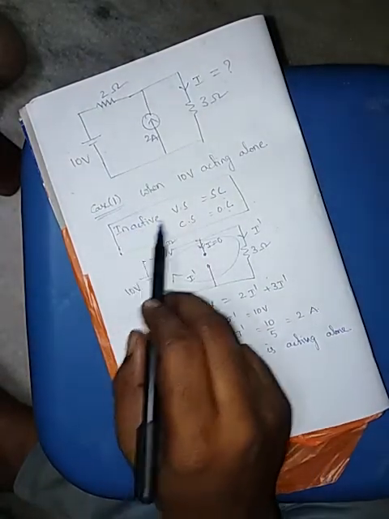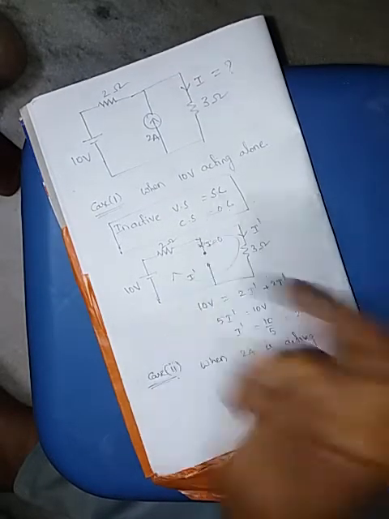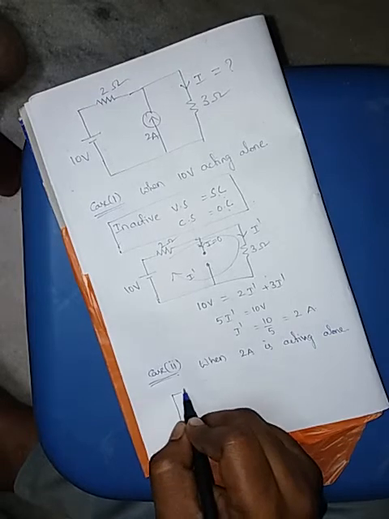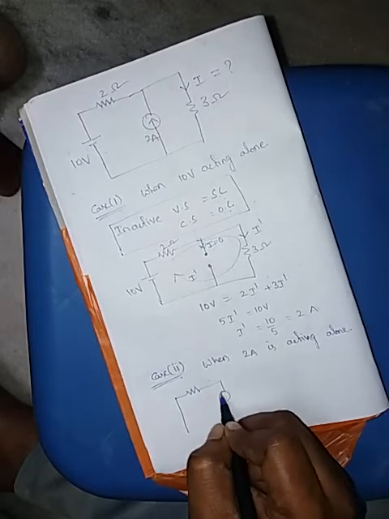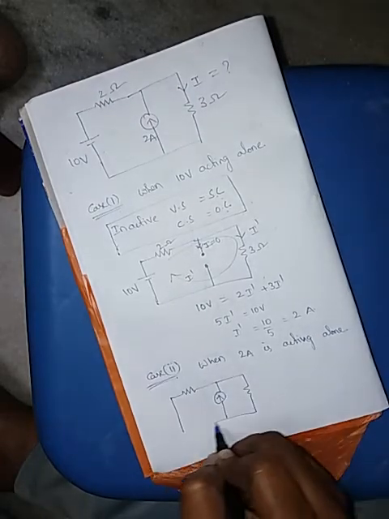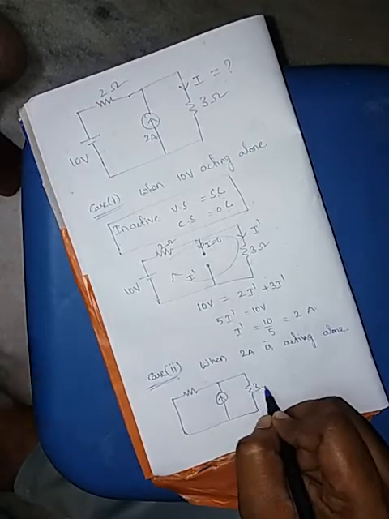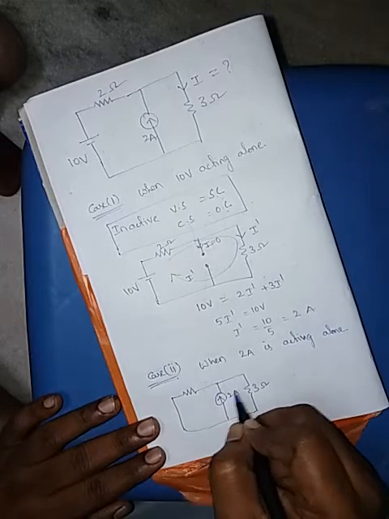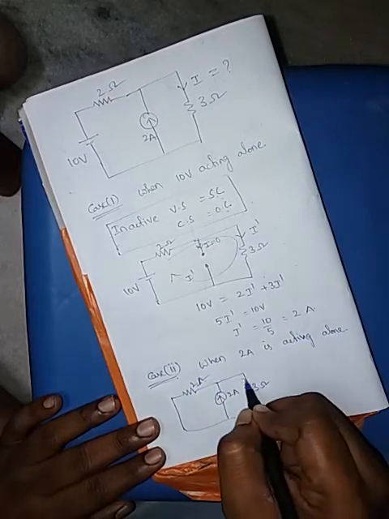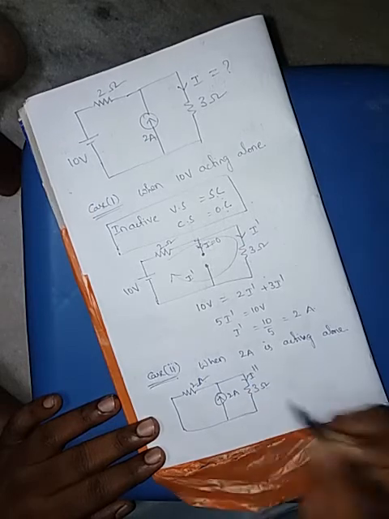We know that an inactive voltage source acts as a short circuit. That means the voltage source is short circuit, 2 ohms, 2 amps, 3 ohms. Let this current be I double dash.